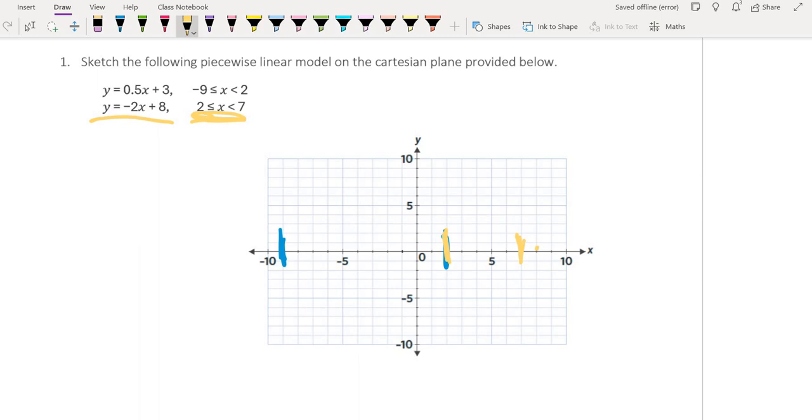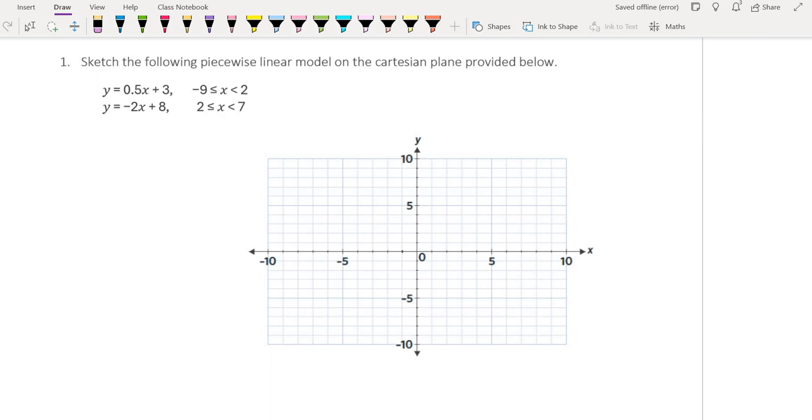So this piecewise linear model has a starting and ending point over here, and the second half will also have a starting and an ending point. So how do we determine where these points are and what it looks like? Because it seems like a lot of work.